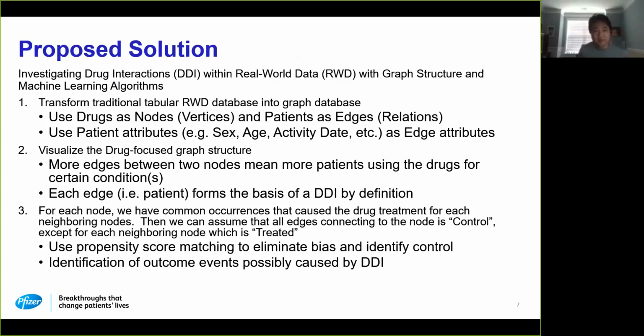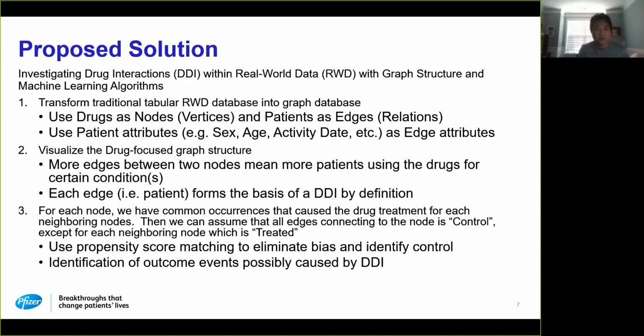And we map drugs as nodes, as vertices, and patients as edges. So it forms the relationship between drugs using the patient's information, patient attributes such as sex, age, activity dates, and such. And we try to visualize this drug-focused graph structure.